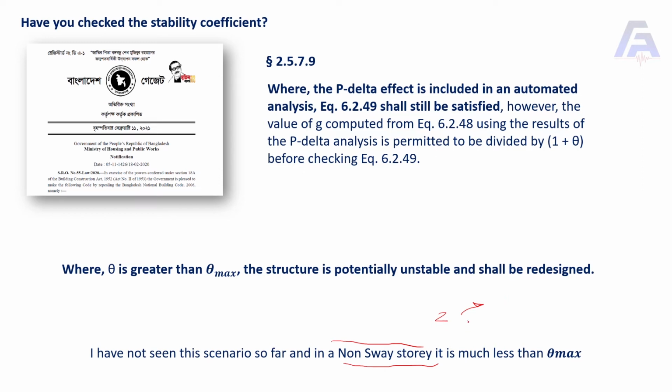The other one, in some codes, not in BNBC, the modification factor that we use for cracked properties of elements is a function of sway or non-sway behavior of your story.